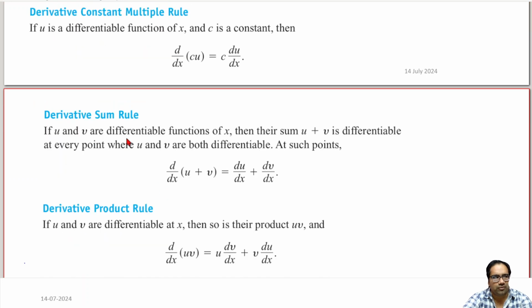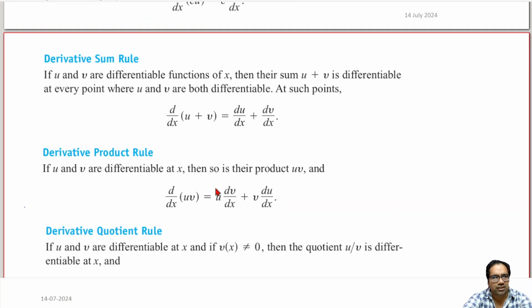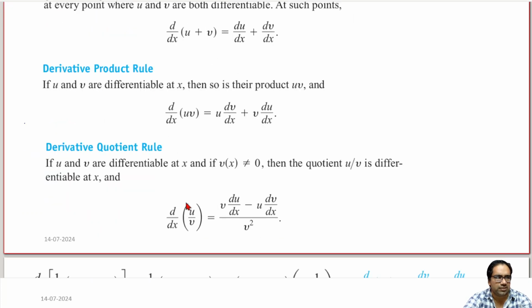And the derivative sum rule: both functions u and v are differentiable functions. That means they are continuous and they are smooth. Then we can split this as sum of derivatives. And product rule is not product of derivatives. Rather, we'll take one function at a time and do the differentiation for the other. So u dv by dx plus v du by dx. Differentiation of product of two functions.